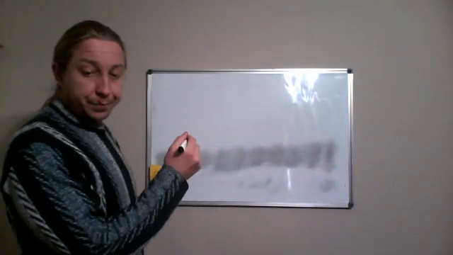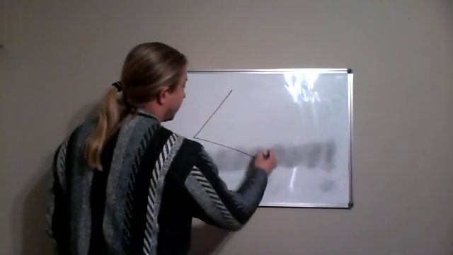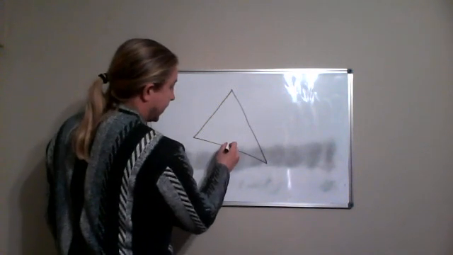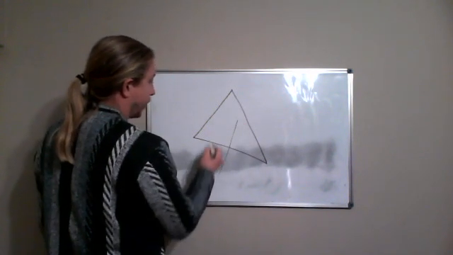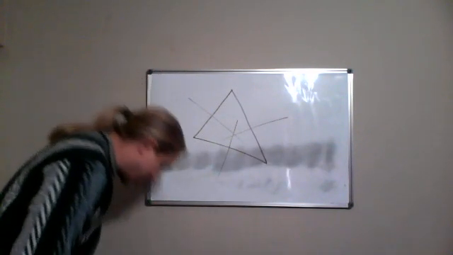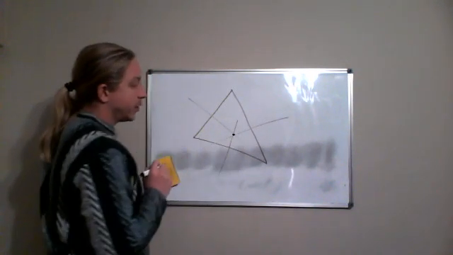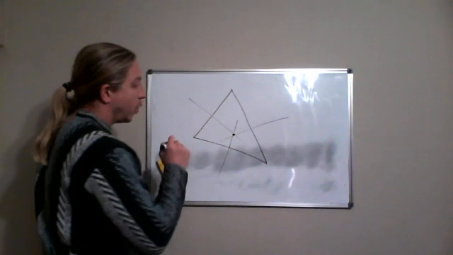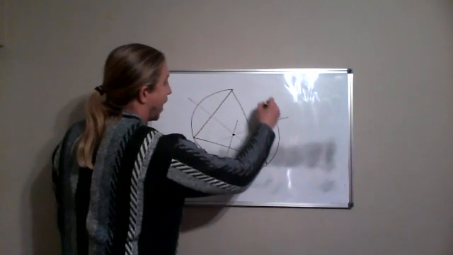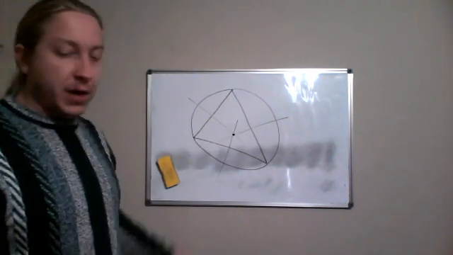The way to do that is, if we have a triangle, one way is we bisect each side. So we cut each side in half at 90 degrees, like that. Then the intersection of all those lines will allow you to draw a circle outside of the triangle. So that would be the center of that radius.